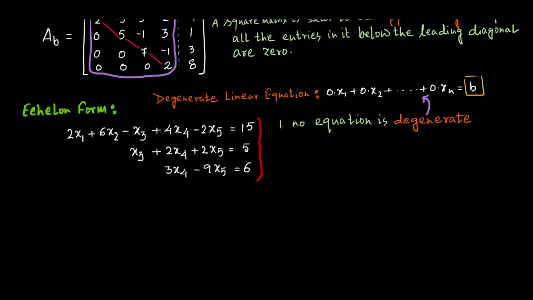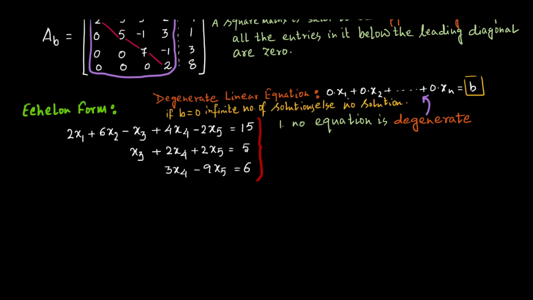If this b is equal to 0, then the number of solutions of this degenerate linear equation will be infinite, because then for any value of x1, x2, etc., xn, this equation will be satisfied. You will be getting 0 on the left side as well as 0 on the right side. But if this b is not equal to 0, then your system will have no solution, because on the left side you will get 0, and on the right side you will get a non-zero number, which is infeasible.